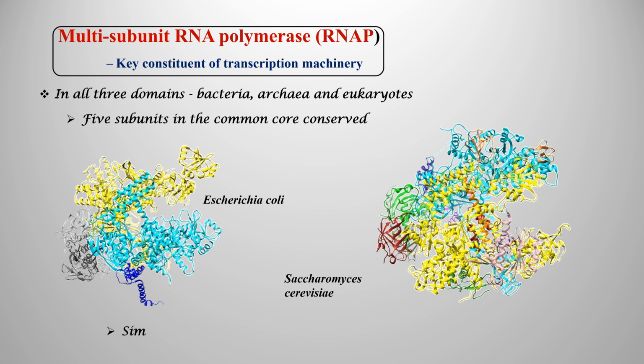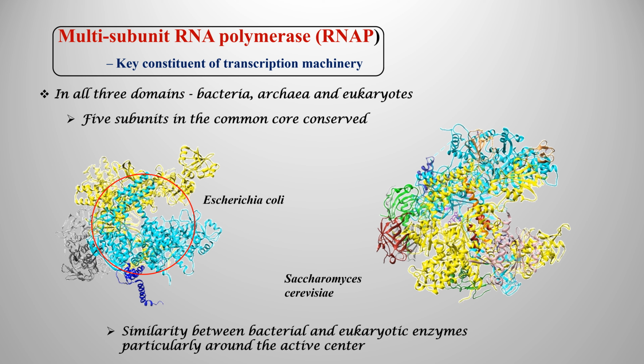If the two structures are superposed, similarity is observed between the two enzymes, particularly around the active center. Differences, however, exist in the peripheral and surface structures as the two enzymes have to interact with different sets of factors in the entire transcription process.